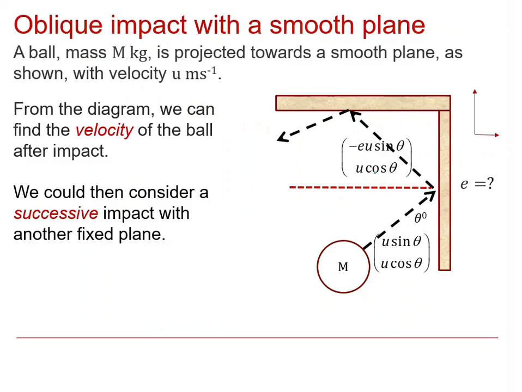Notice that the second component of each is unchanged, because that's the conservation of momentum component along the wall, whereas the u sine theta is multiplied by minus e to get the corresponding component in the second case.